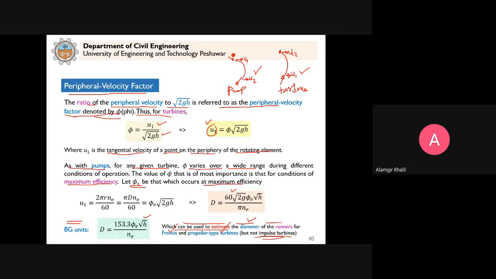For an impulse turbine, we cannot use this equation to calculate the pitch diameter that we discussed, clear? This equation we can use to estimate the diameter of Francis and propeller turbines, because of the conditions that we apply. This condition does not apply to impulse turbines.